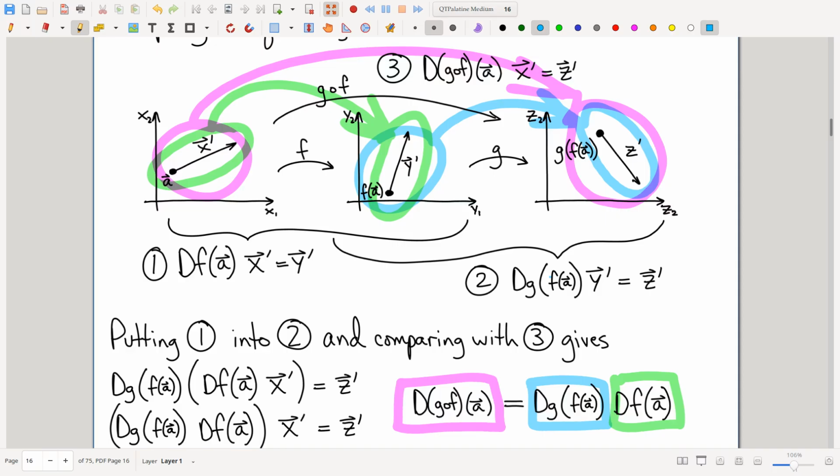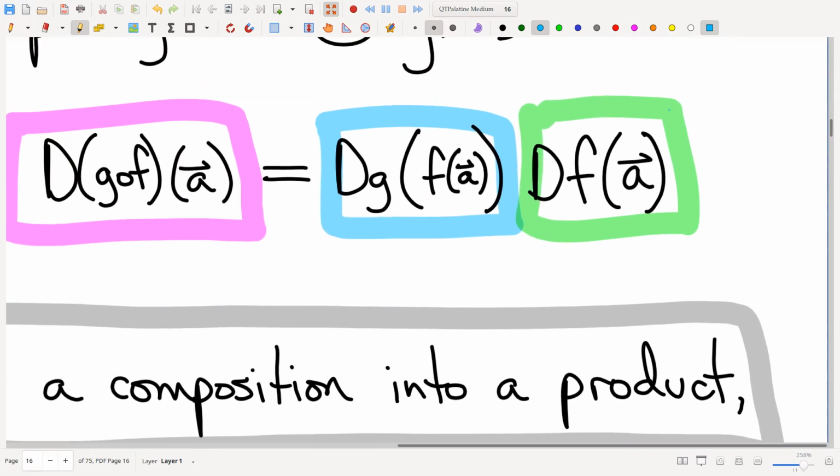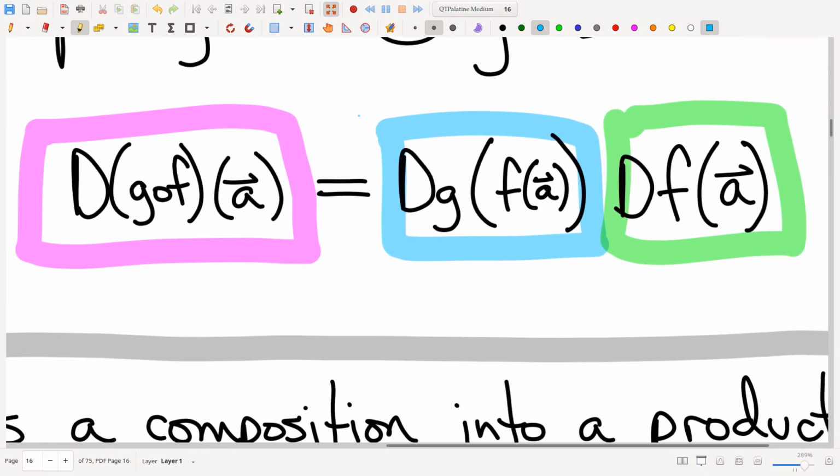Okay. So what we have here is a big result. This is the multivariable chain rule. You might call this the matrix form of the multivariable chain rule. There's another form that I'll show you later. Ultimately, the other form is what I'll call a narrow special case of what I think is really the best form, this matrix form.